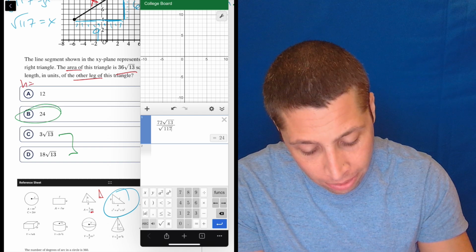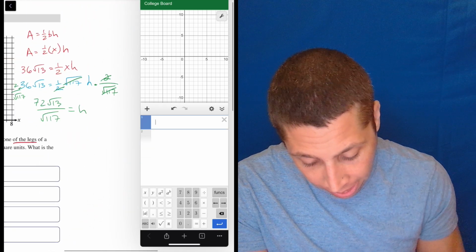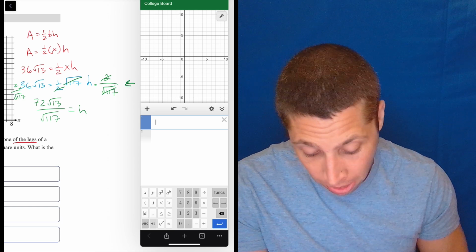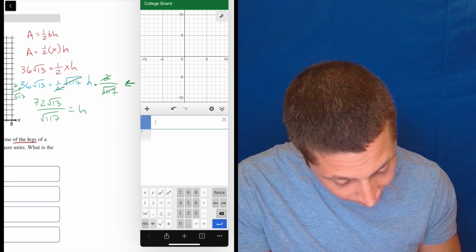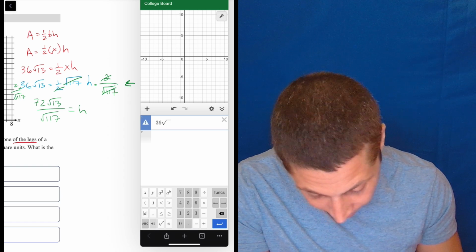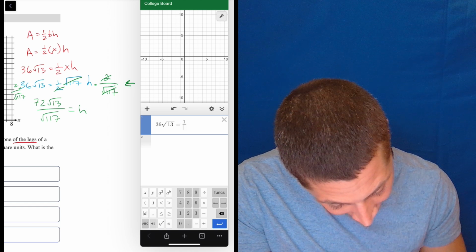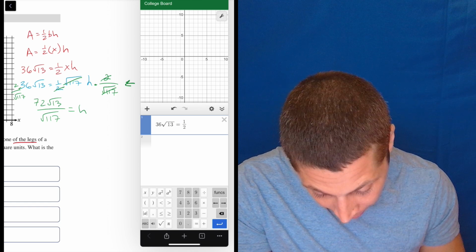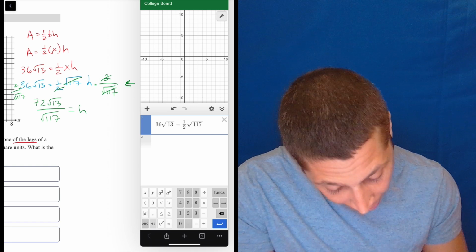So let's see where we could have made some shortcuts. The easiest shortcut is at this stage right here. I could just let h become an x and solve that way. So 36 square root 13 equals 1/2 the base, which we said was radical 117, times the height, which we'll call x.